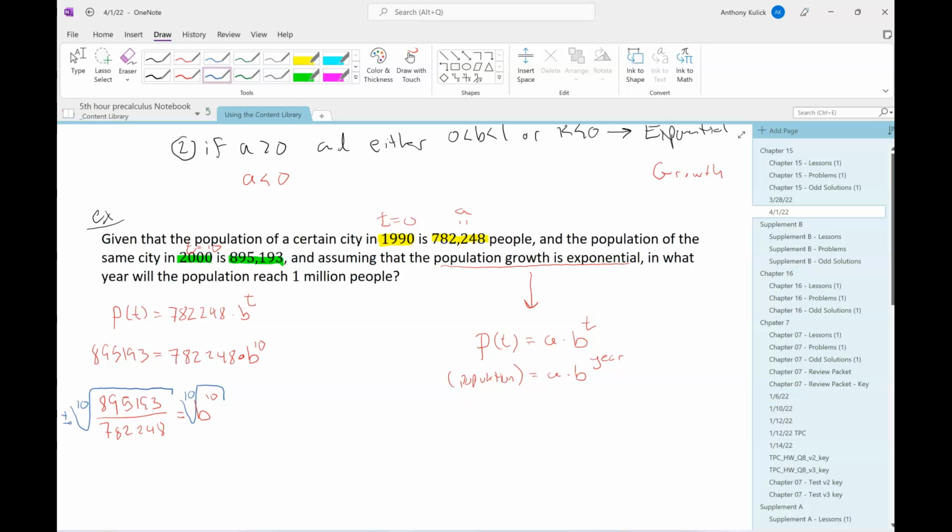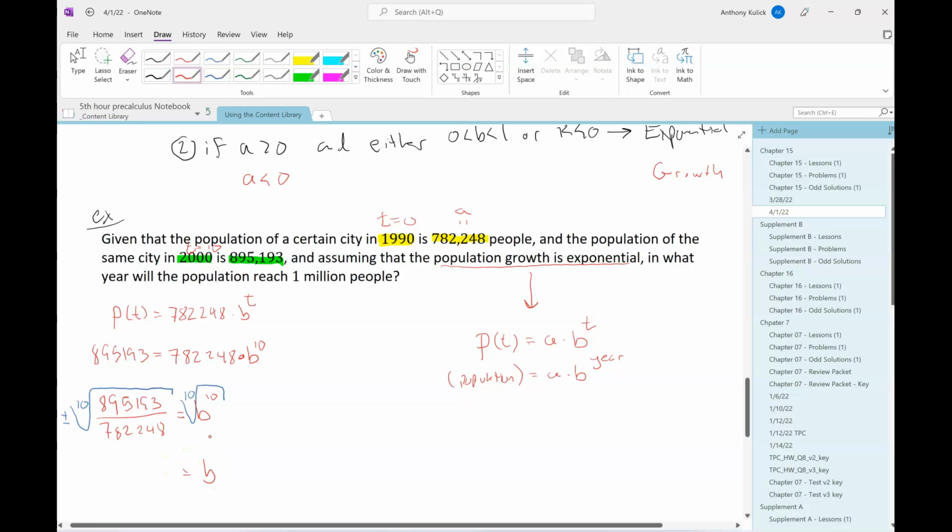Yes. If you multiply 3 negatives together, you get a negative. So it's okay to take the odd roots of a negative. If you multiply an odd number of negatives together, it's still negative. So an odd root of a negative is fine. It'll just be a negative number. No big deal. Okay. So that'll get the b by itself.